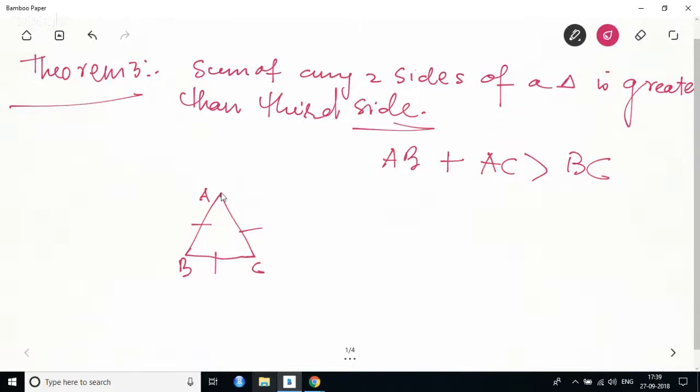So I draw a line from here, and suppose this is point D, such that with this construction I am making this AD equal to AC. So AC is equal to AD.